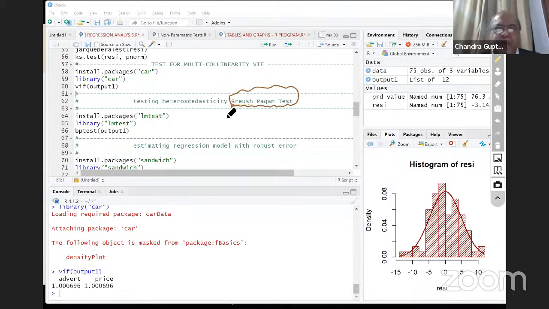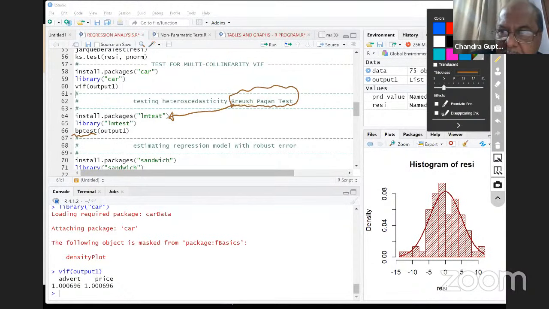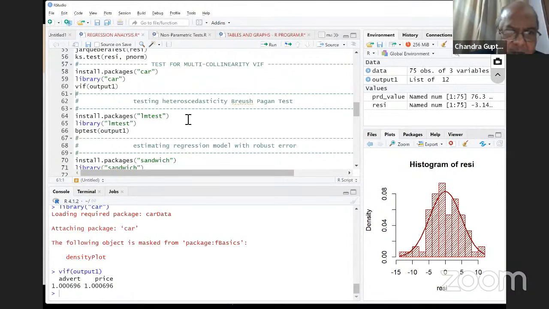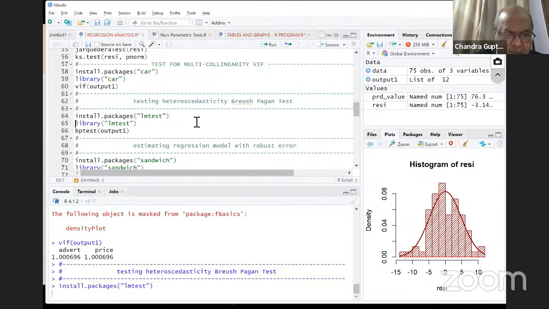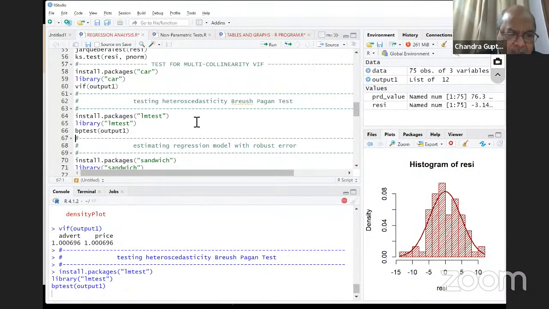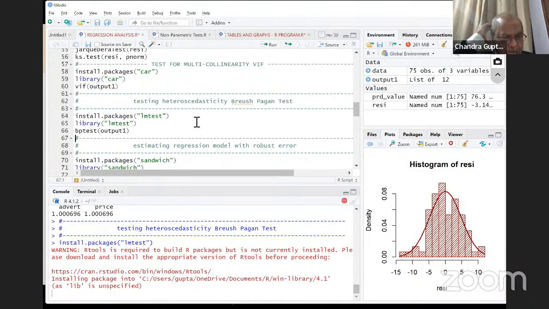To use the Breusch-Pagan test, or BP test, you have to download a library with the name lmtest. And then the command is bptest. So I install lmtest, then load the library, then run this bptest.